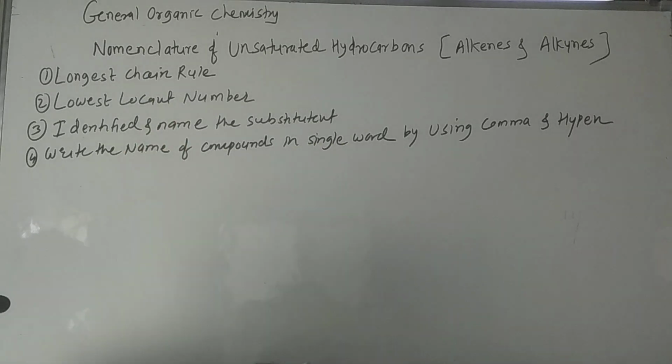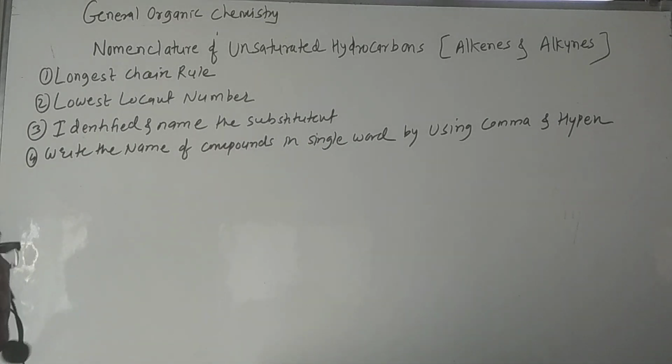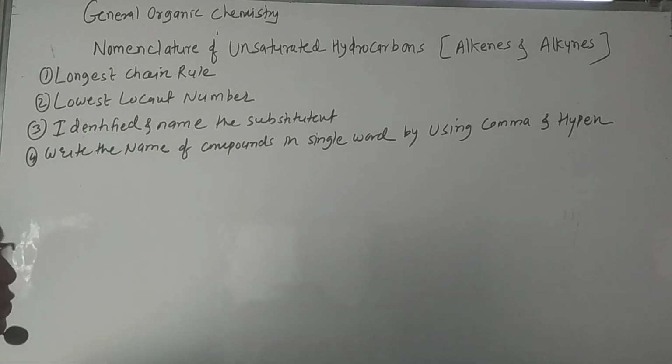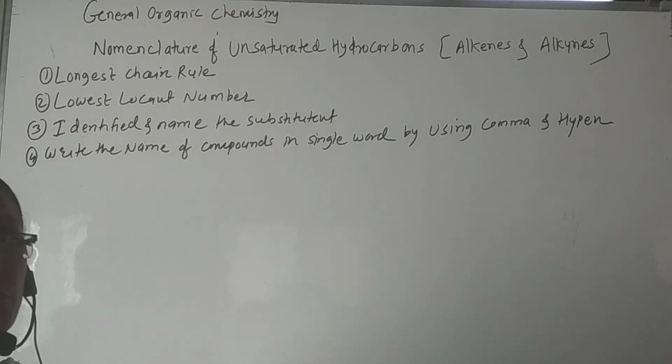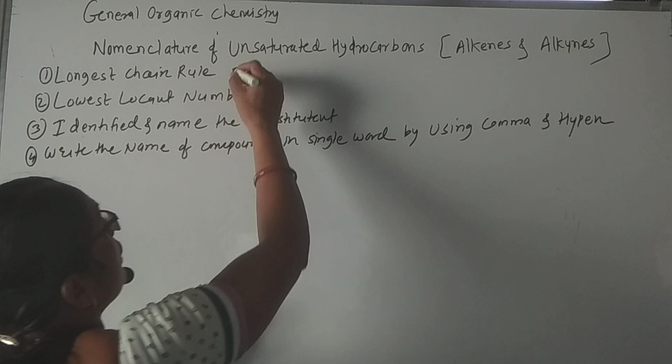Now we are discussing the nomenclature of unsaturated hydrocarbons, that is alkenes and alkynes. For these, some basic rules remain as they are, with only some changes. The first is the longest chain rule. In the longest chain rule, we have to select the longest continuous chain containing the functional group.